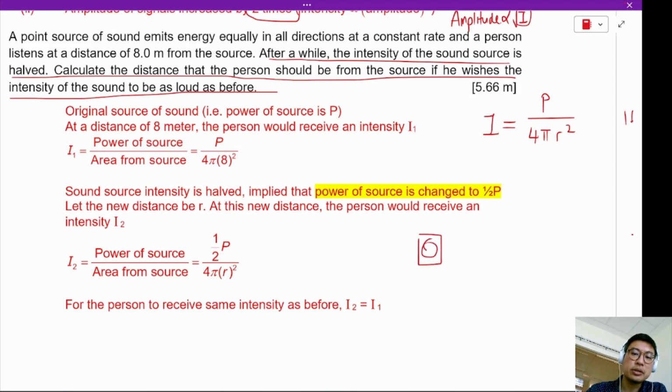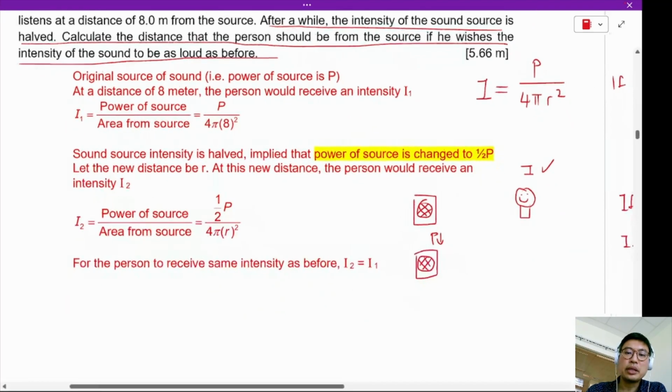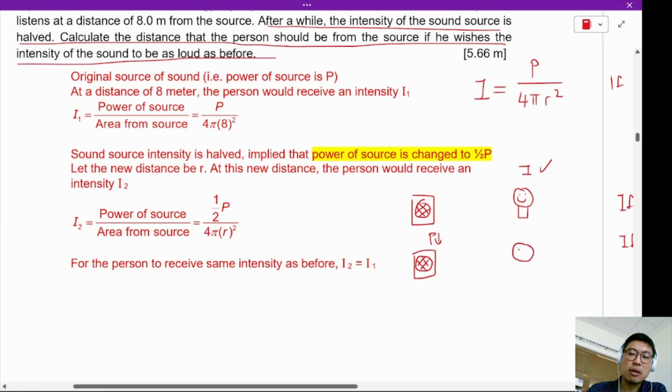Here is the original speaker, all right? And here is the person who is listening to the song. Now the person is very happy because the intensity is just nice. Now, however, the speaker's power went down. So what happened is that the intensity is now weaker.